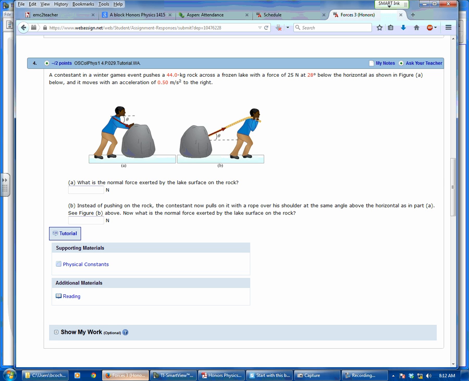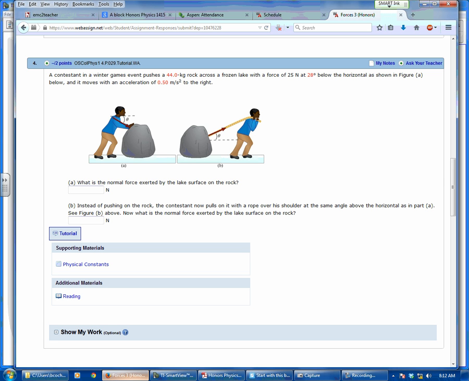In looking at this, one thing you may not see right away, just because you're kind of new to these type problems, is in pushing down on the rock, in the first situation, he's going to increase the normal force. What other force would be increased automatically by increasing the normal force? The frictional force. Yeah. And then in the second case, he's lifting up on the rock.